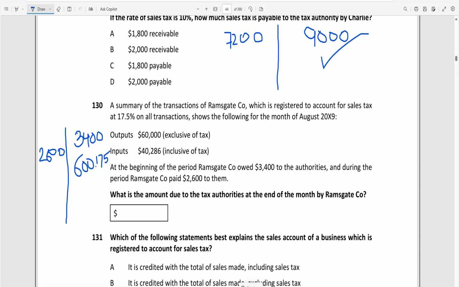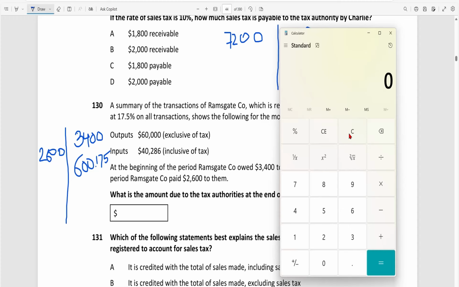So now how much output has been paid? The 40,000 will include the tax amount. So again we will multiply by 17.5%, but this time we will not divide by 100. We will divide by 117.5. Why? Because it already includes the VAT amount. Is it correct? Let me check it once more. 40,000 into 17.5 divide by 117.5.